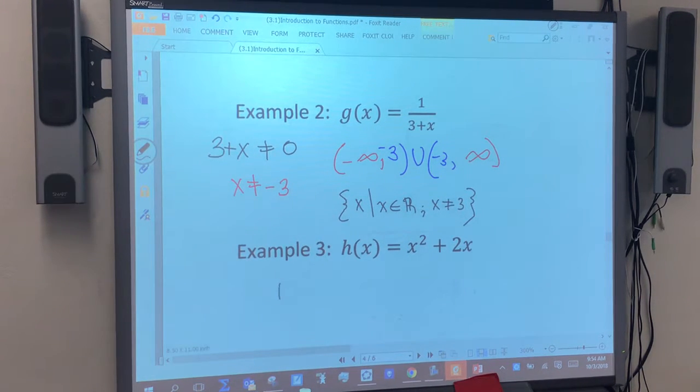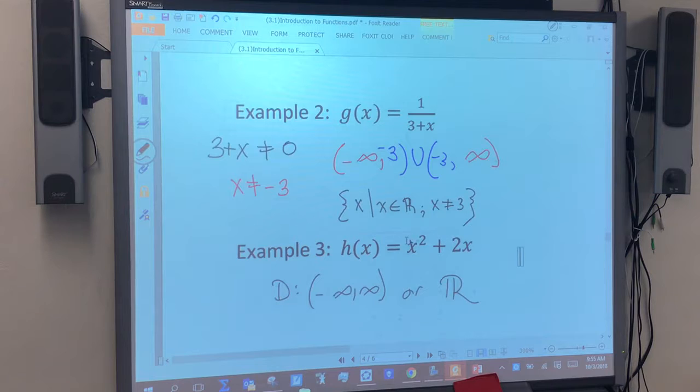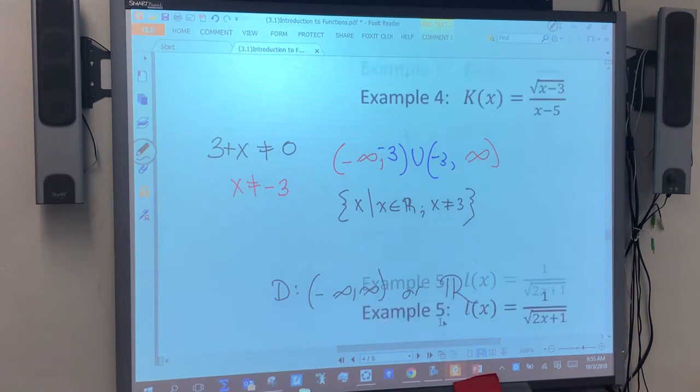Nope. Domain, you want to go negative infinity to infinity, or if you want to write it this way, all real numbers, okay? Obviously, negative infinity to positive infinity, unless directed otherwise. And then we should be able to do the next 2 as well.